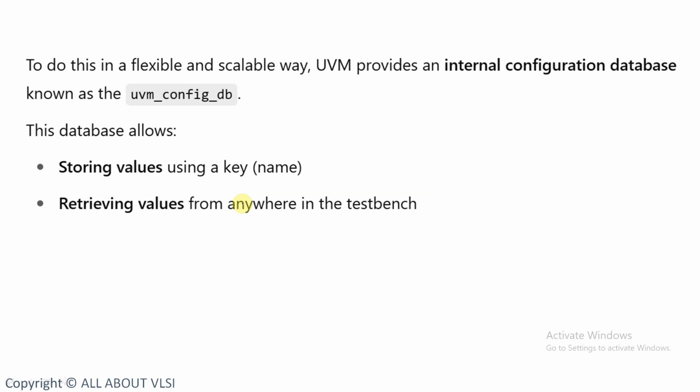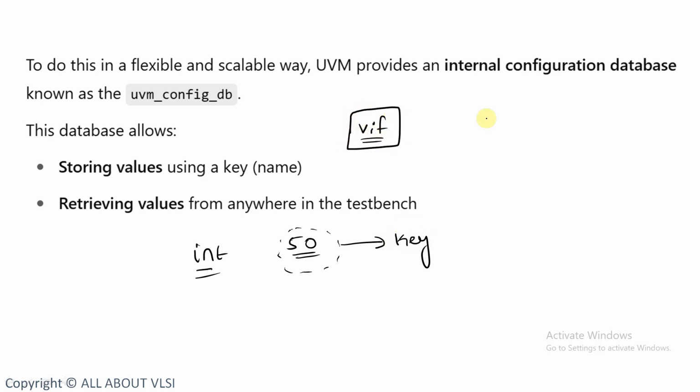The database will allow us to store values. Suppose I want to store an int value 50, then with this 50 there will be a key associated with it. If I want to store a virtual interface handle VIF inside the database, then there will be a key associated with this virtual interface.